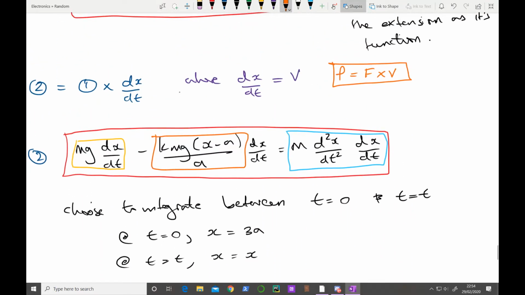For my last one, the right hand side, remember we said that dx over dt equals v. That means I can change both differentials to be functions of v.